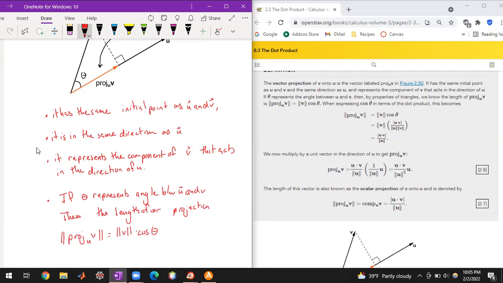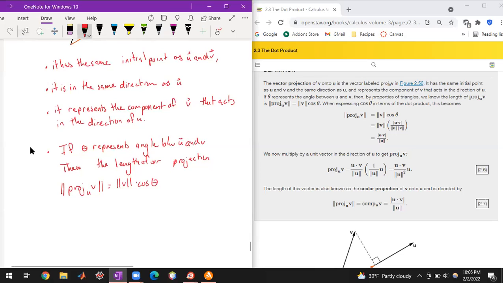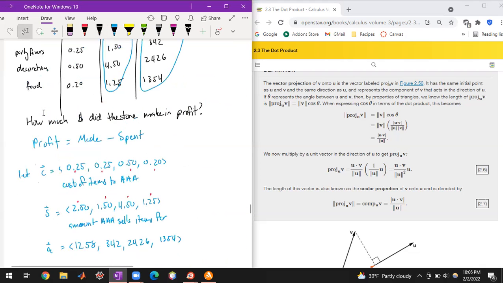So when we're expressing cosine of theta in terms of the dot product, we actually get this really nice result. So this is equal to the magnitude of V times the absolute value of the dot product of the vectors divided by the magnitude of the vectors. Right, so remember that this property comes from what we learned about the dot product way up here.